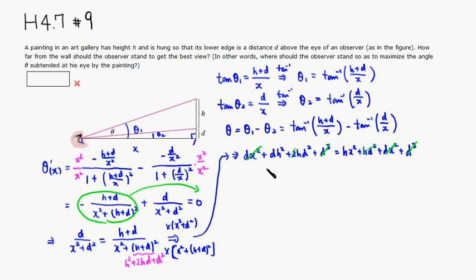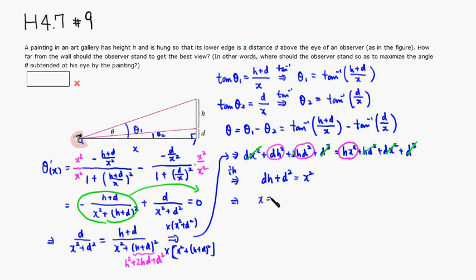So we have d h squared and also the 2h d squared left over on the left, and we have h x squared. Everything seems to have h in it, so I'm going to divide through by h. You get d h plus d squared is equal to x squared.